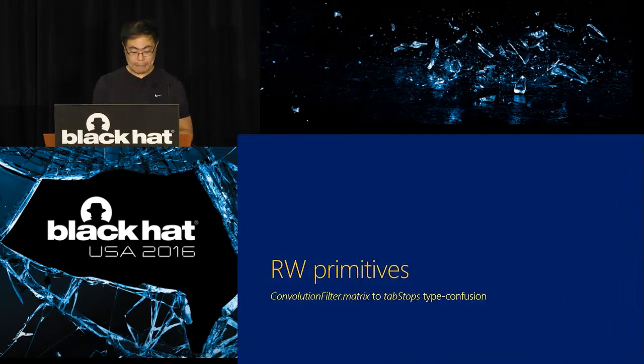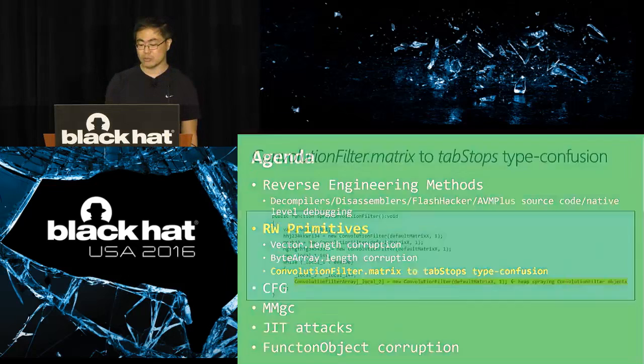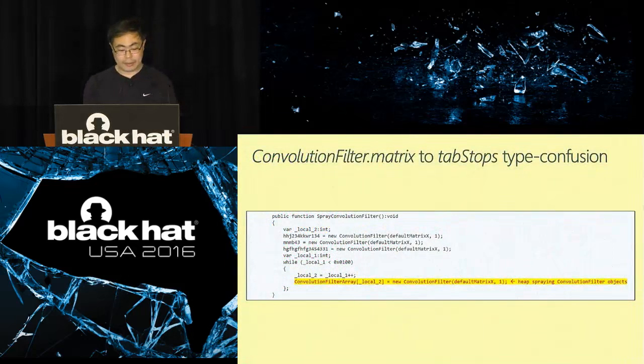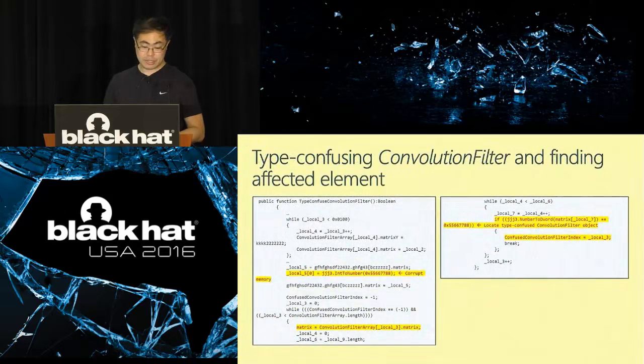So the next one is kind of a tricky one. The convolution filter matrix to tap stops type confusion. We just saw this once, and it is using this specific matrix array, and it will induce the confusion. The confusion process is very, very complicated, actually. It's not easy to understand here.